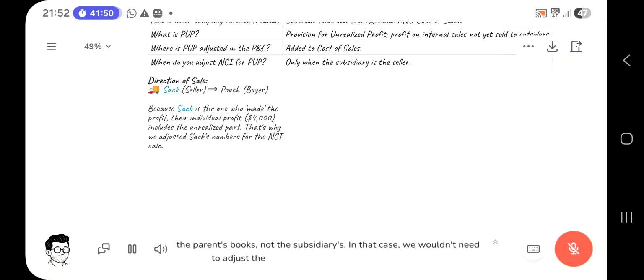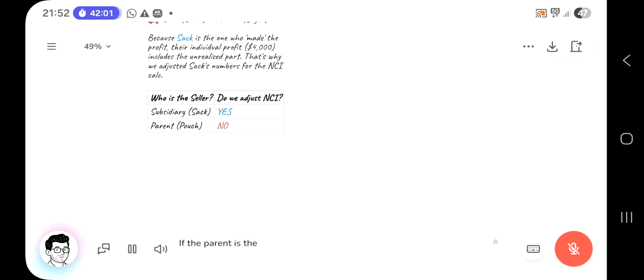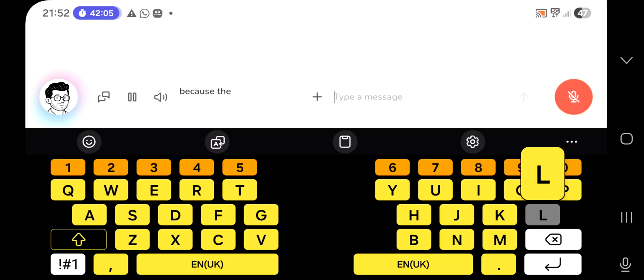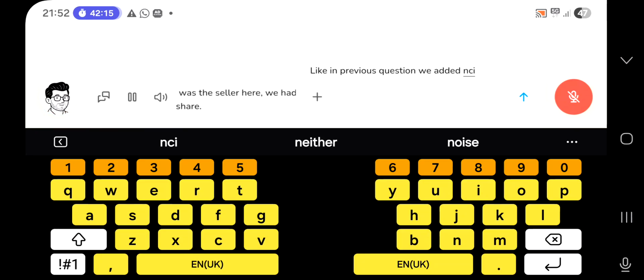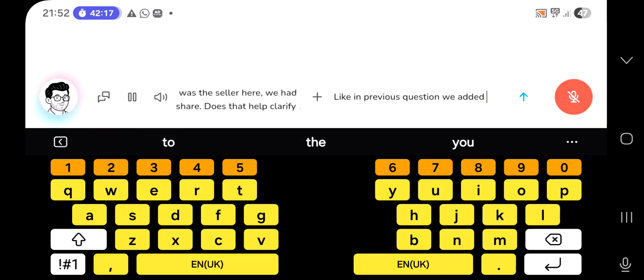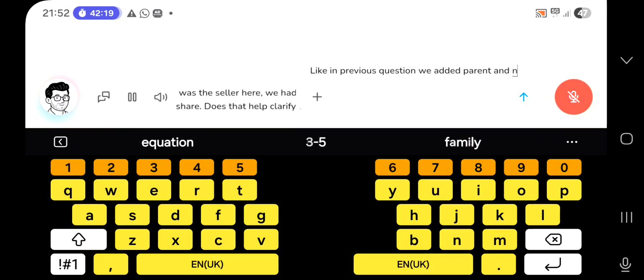In that case, we wouldn't need to adjust the subsidiary's profit for the NCI calculation. If the parent is the seller, the NCI stockholders shouldn't be penalized because the fake profit isn't in their company's books. But since SAC was the seller here, we had to adjust SAC's profit to get the NCI's fair share.